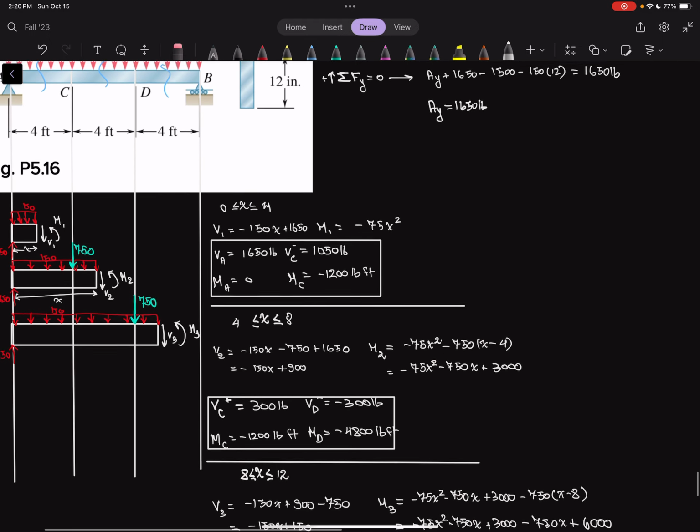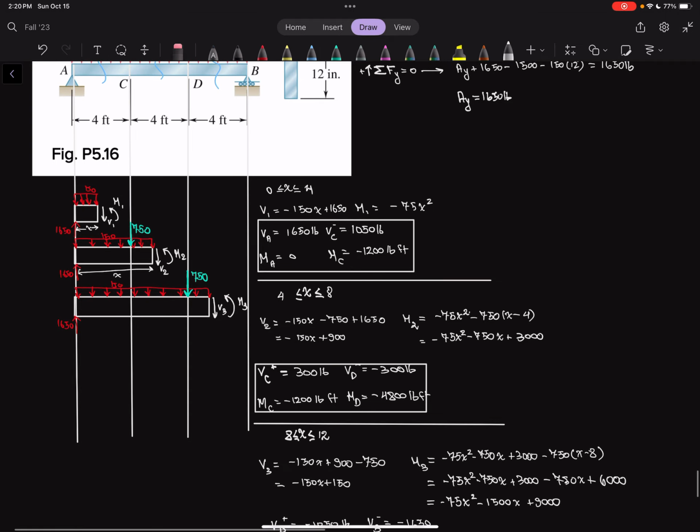So for M3, we're gonna have a 75 times x squared. Why? Because it's gonna be 150 times my total length, which is right here, and it is x, times my total length at a distance of x over 2 from the cut. So that's going to be 75x squared. And it's making me frown, so it's negative. Then I'm going to have a 750 times the distance, x minus 4.